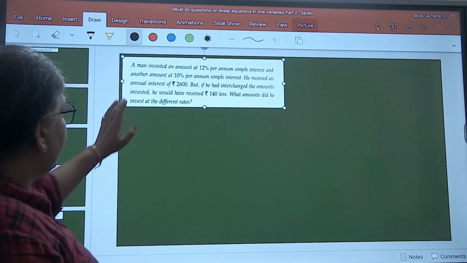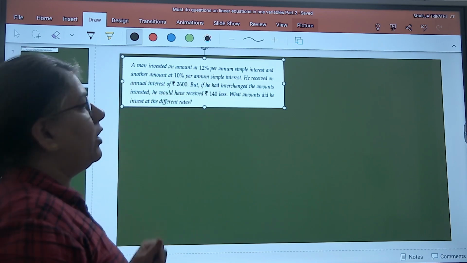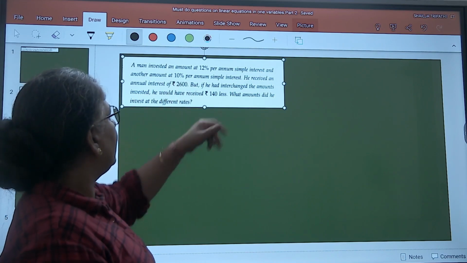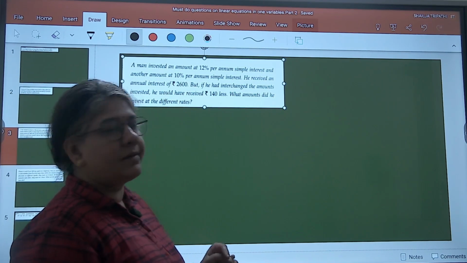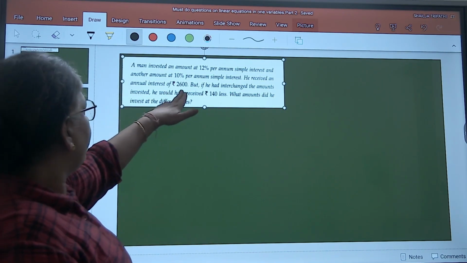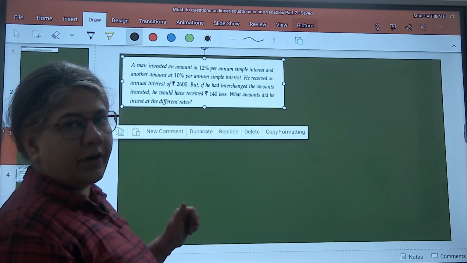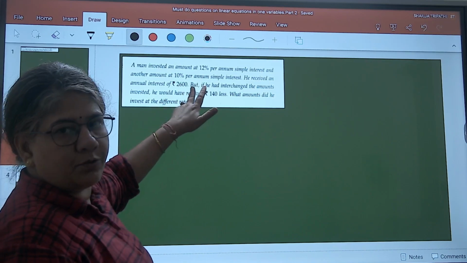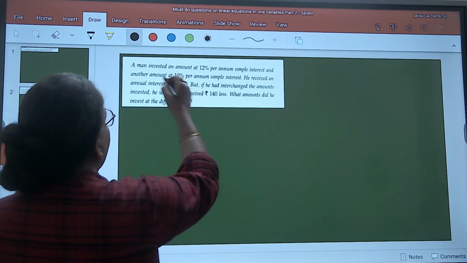Question says a man invested an amount at 12% per annum simple interest and another amount at 10% per annum simple interest. He received an annual interest of 2600. So this much information will help us to form first equation.